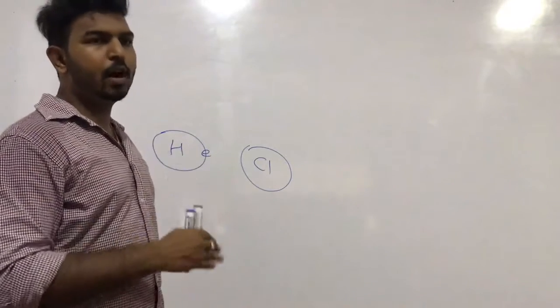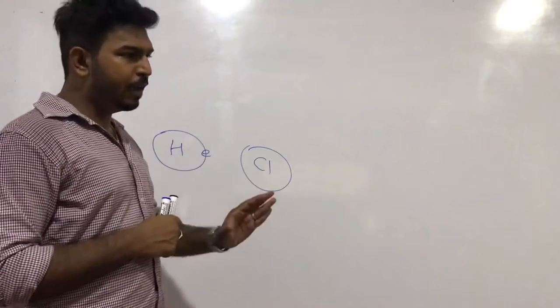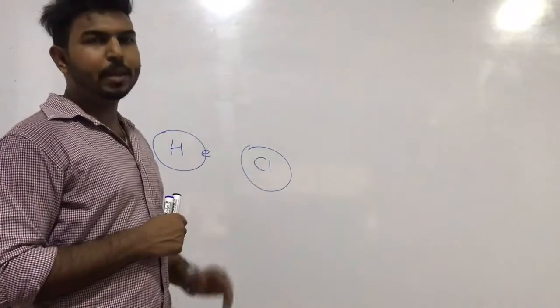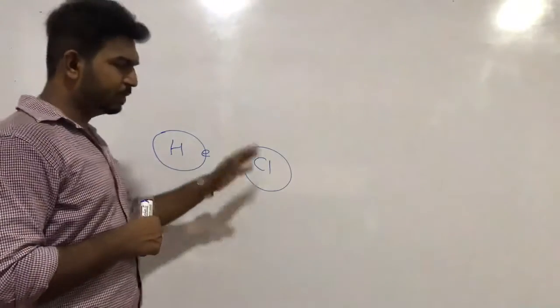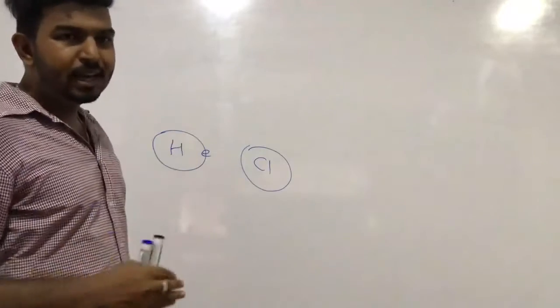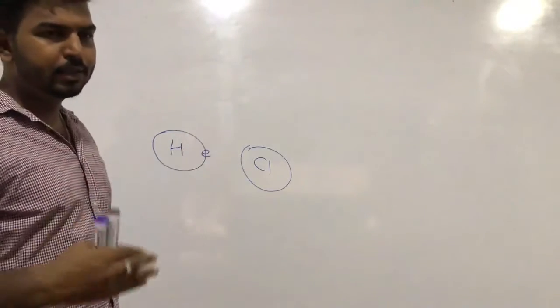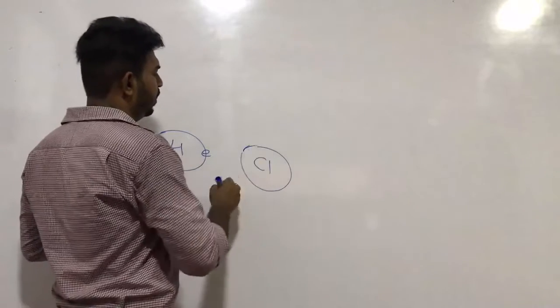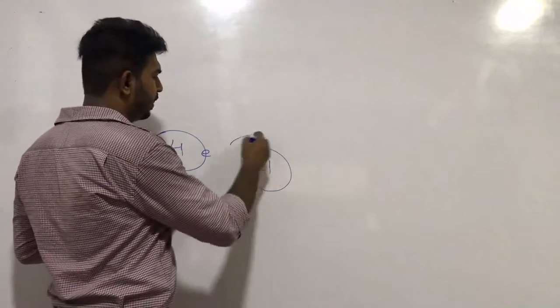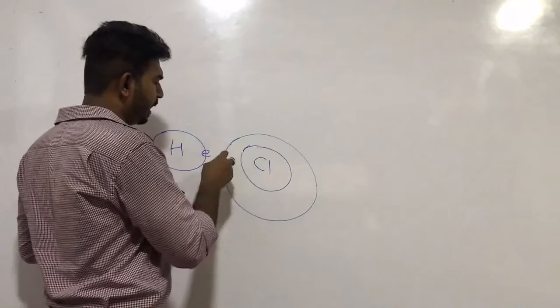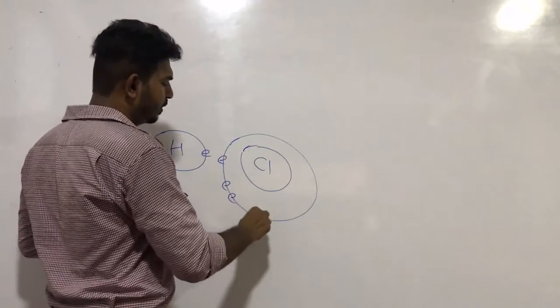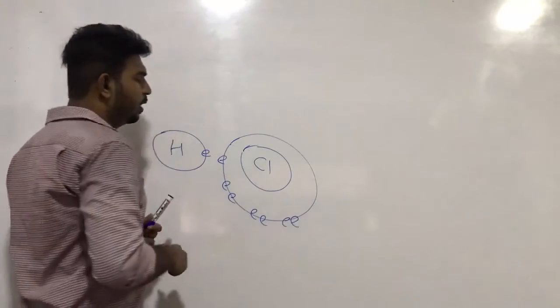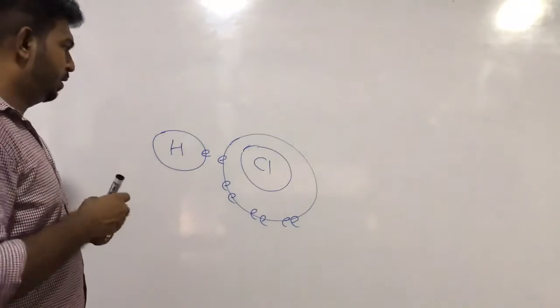So we have to consider the electrons in the last shell, that means the outermost shell. There are 7 electrons in chlorine's outermost shell.